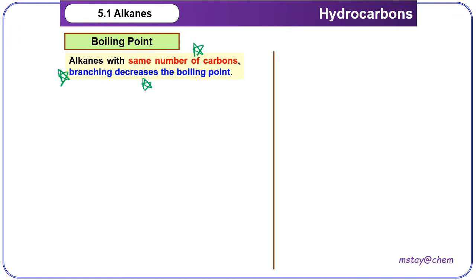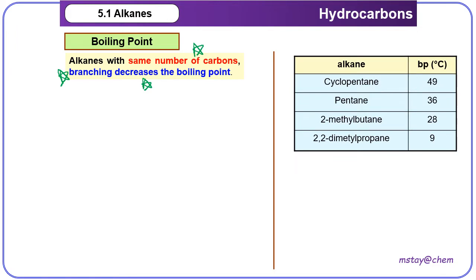So now let's look at one set of data here. Cyclopentane 5 carbon, pentane 5 carbon, butane 4 carbon, methyl 1 carbon, total 5 carbon. Propane 3 carbon, methyl 1 carbon, but we have di, 2 methyl.